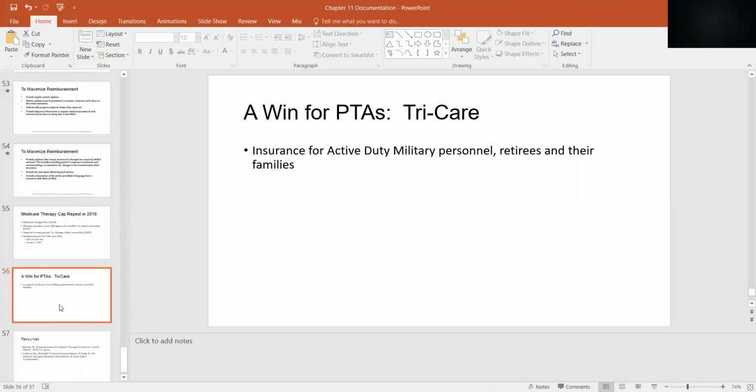President Trump signed this into law, but it still has yet to be enacted by the Health and Human Services or the VA, whoever does that for them. So PTAs will now be able to see TRICARE patients where in the past they couldn't, but they're still working through getting it actually established.